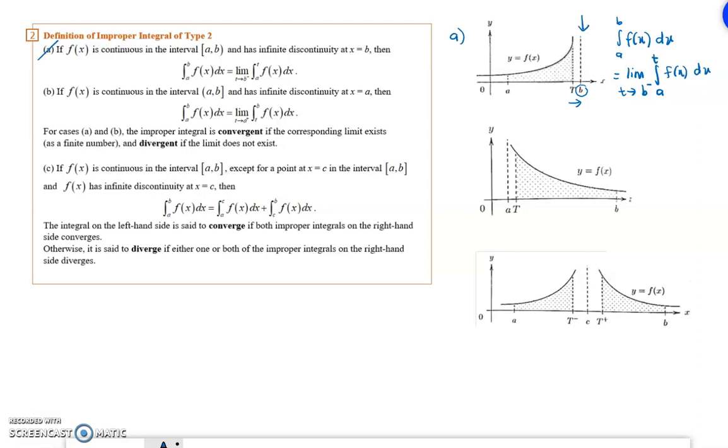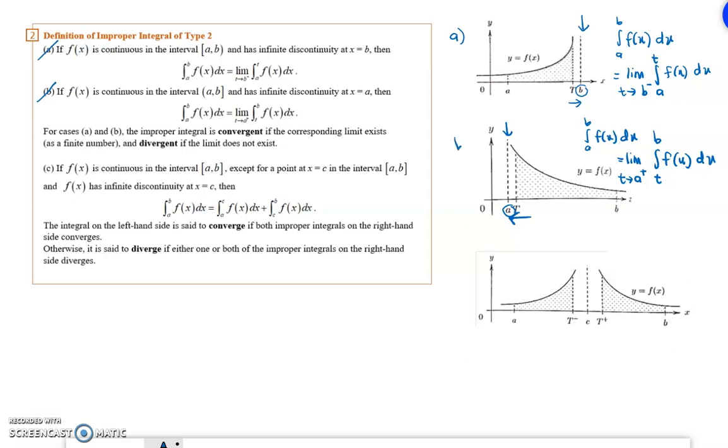The second type is when the function f(x) is continuous in the interval a to b, but it has an infinite discontinuity at x equals a. So here our improper integral will start from the limit at a, where a has the infinite discontinuity, so we represent it as t to b, where t is approaching a from the right, so we have a plus sign here, of f(x) dx.